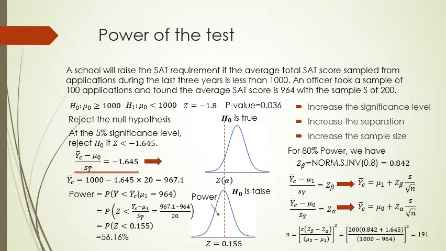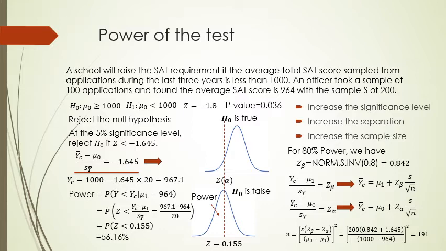At last, we may increase the sample size. This may increase the power and at the same time keep the significance level intact. Here, let's try to find the minimum sample size required to have a power of 80% and a significance level of 5%.